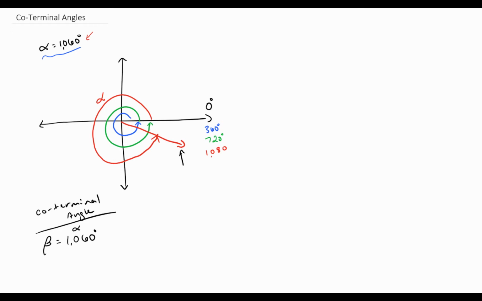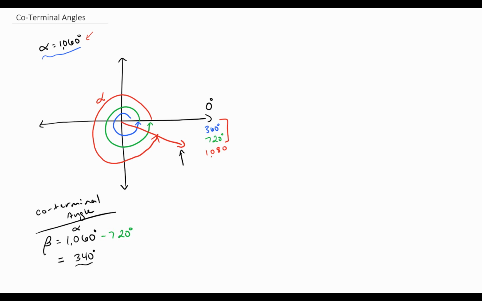Well, we can see that we had 2 full revolutions before we got to our location. So I'm just going to subtract out 720 degrees from here. In truth, you can just kind of guess this, and if you need to subtract out more, you can just do that later. It's not really a big deal. And when we do that, we're just going to end up with 340 degrees.